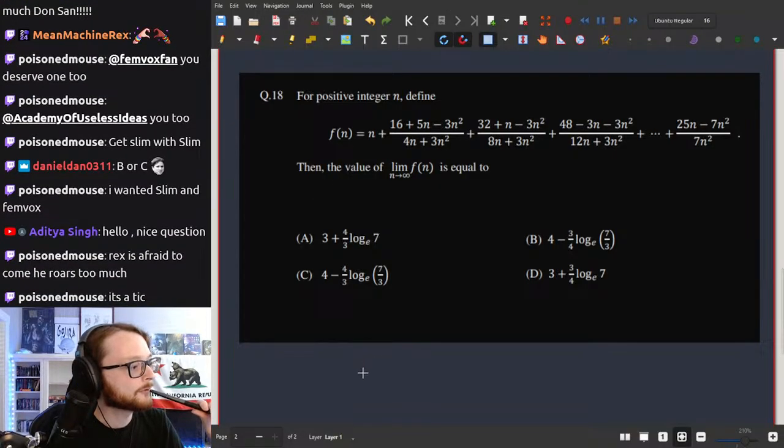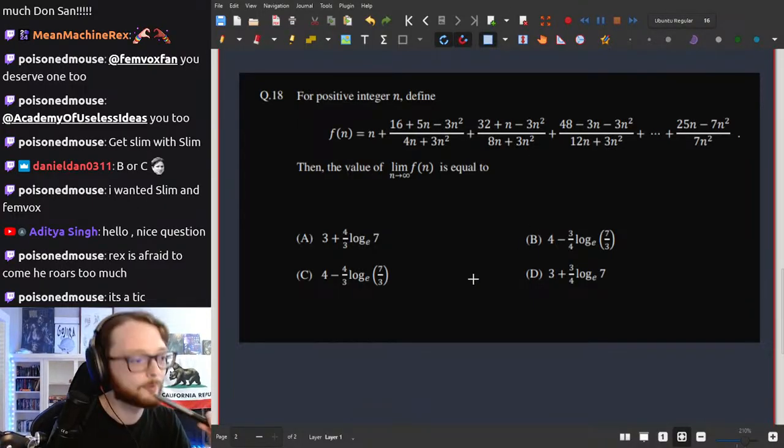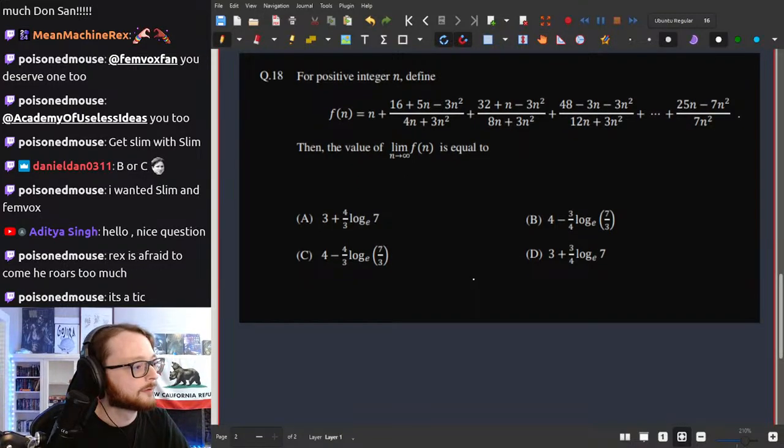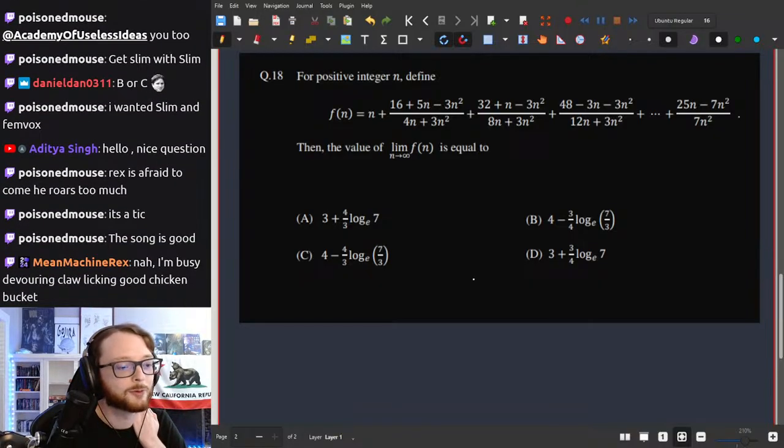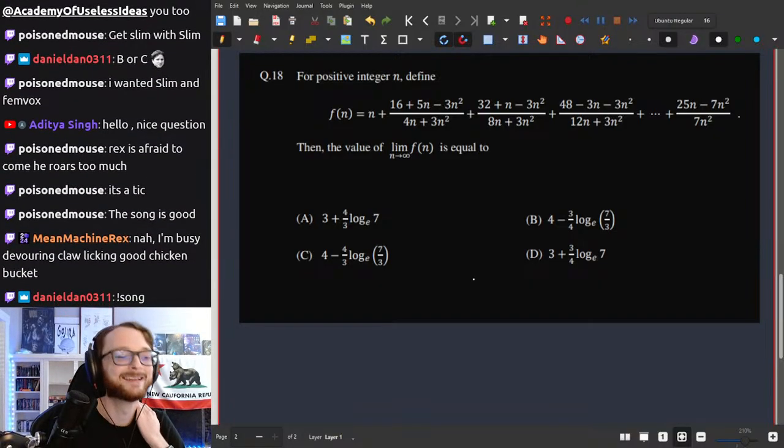Is the music still okay? Did I turn it down? I turned the music a little bit up because there was a good song playing. Hopefully the music is at a good level now. Hey, Aditya. Claw looking good, chicken bucket.